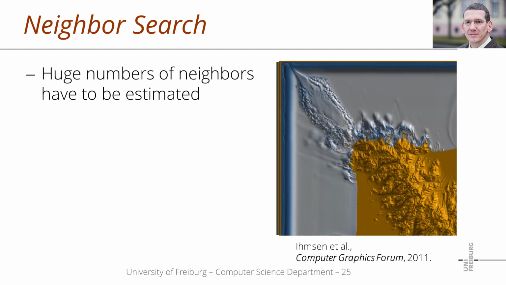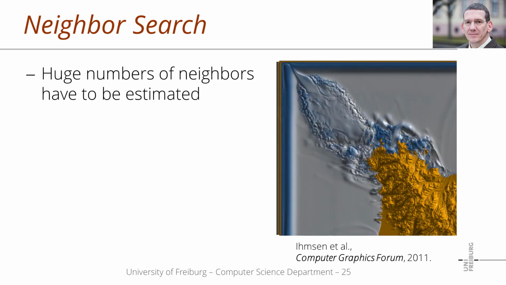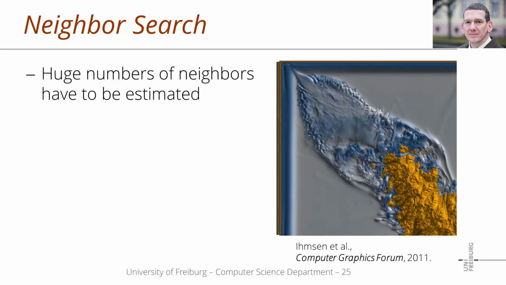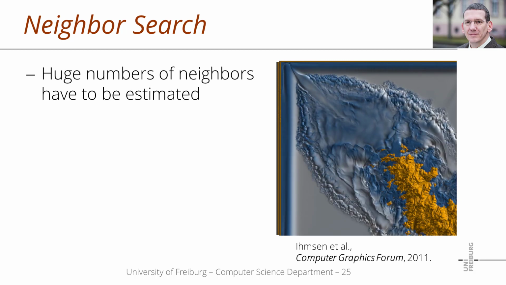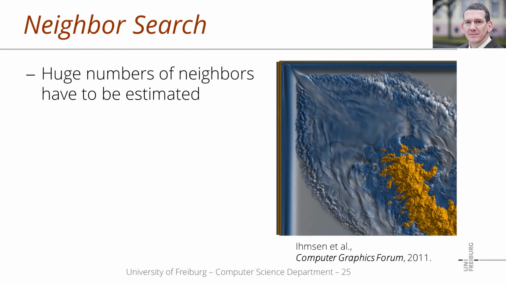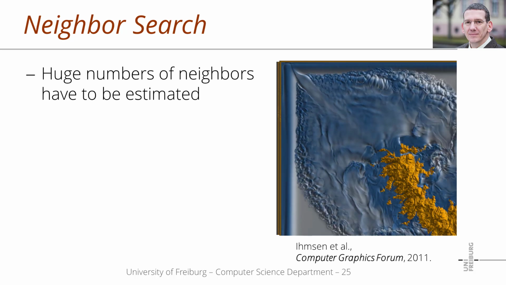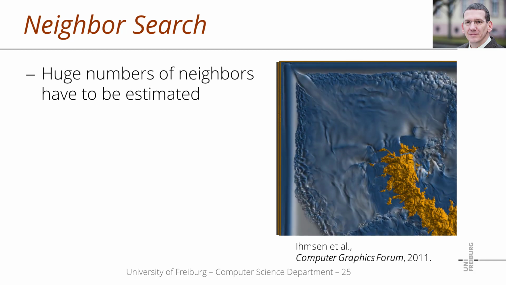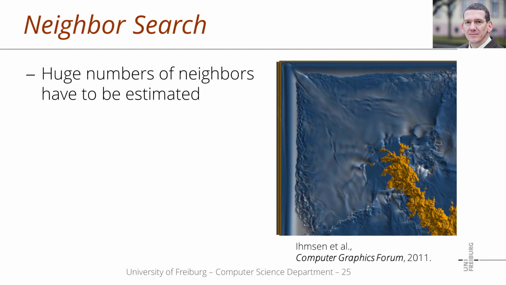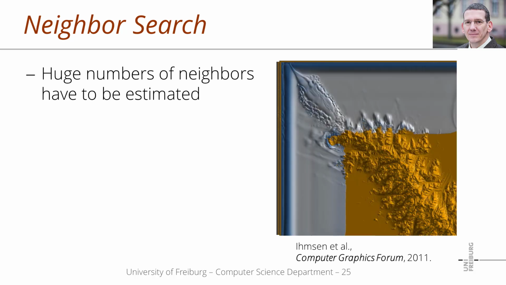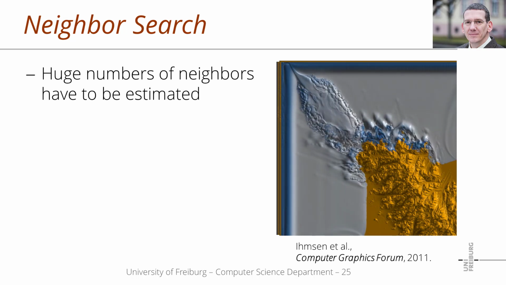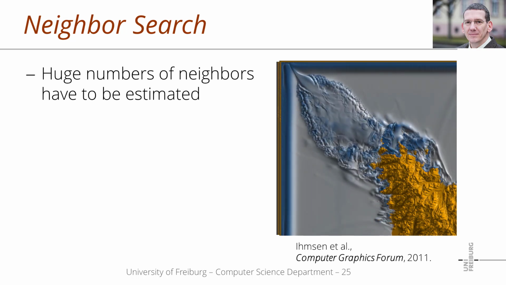In a 3D simulation, we typically consider up to 40 neighbors per particle, and we typically have thousands of simulation steps. And the neighbors have to be re-estimated in each simulation step, as all particles move relative to each other in a fluid. We even have scenarios with billions of samples. So in this case, we have to identify about 40 billion neighbor particles per simulation step.